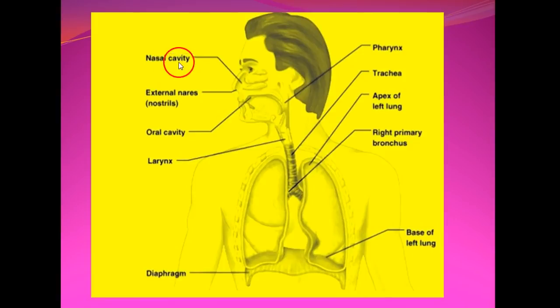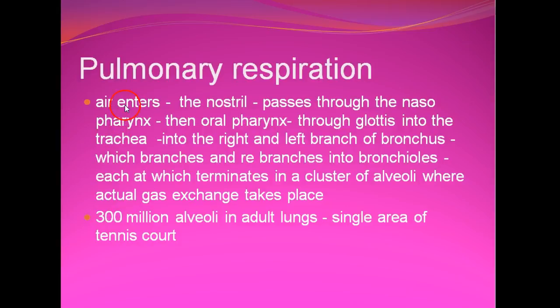First, air enters the nasal cavity, then passes through the pharynx, then to the trachea, which branches into the left and right bronchus, which rebranch into bronchioles, then to the alveoli. The air enters the nostrils, then passes through the nasopharynx, then the oral pharynx.